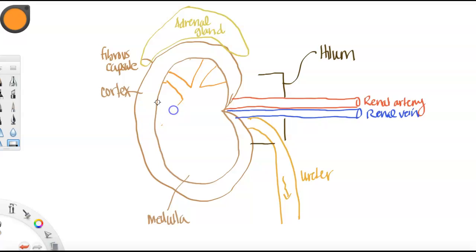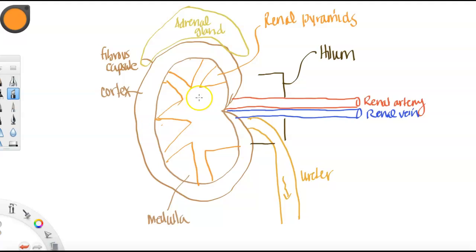So there's like little pizza slices. Look kind of like that. Okay. These little pizza slices are called pyramids. So renal pyramids.